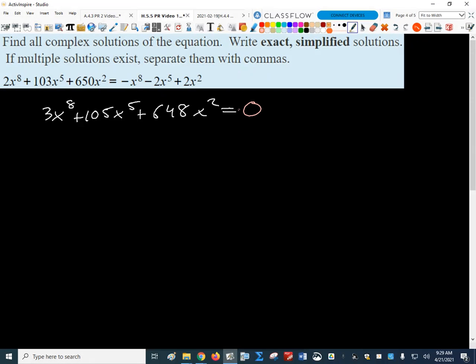GCF, good. What's our GCF here? 3x squared, good.